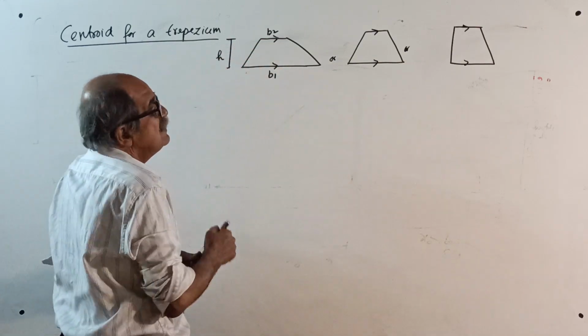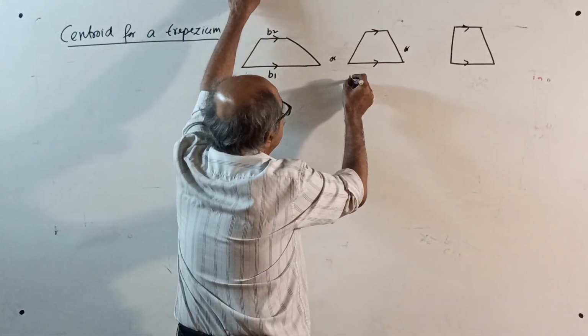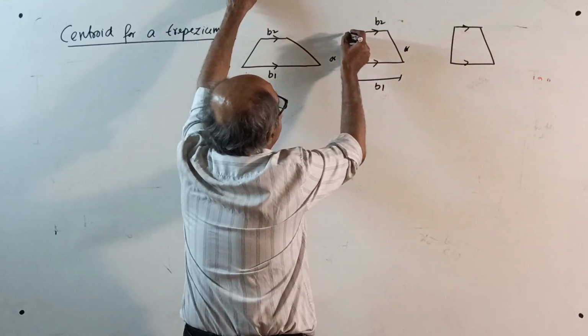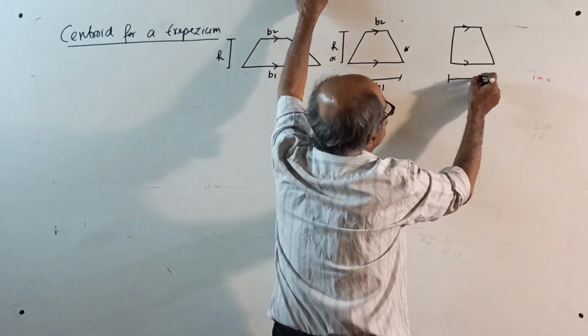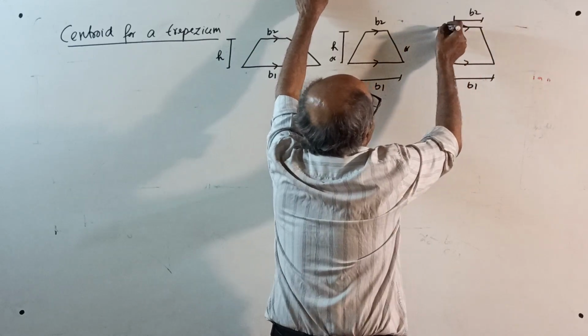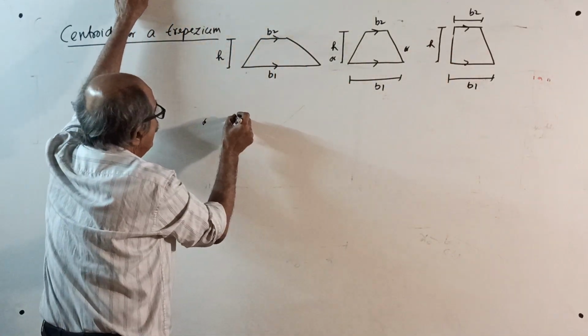Height means distance between the parallel sides. Or I can call this B1, this B2, and this will become height. Here I can call one of them B1, anyone, the other B2, height h. Or it can be even like this also.